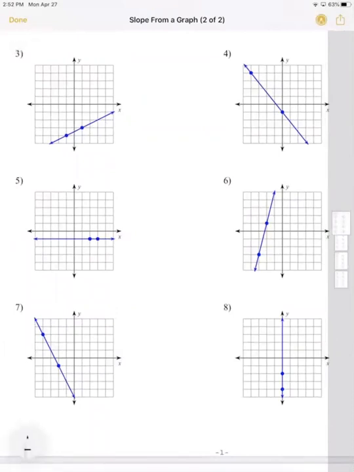Let's look at number 3 and calculate the slope. First of all, I see that that line is rising to the right, so my answer should be positive. Let's start at the lower point, and we're going to run up and then to the right. I went up 1 unit was my rise, and my run was to the right 2 units.